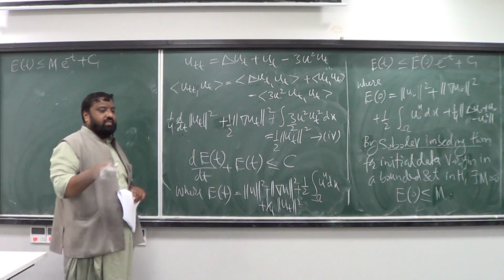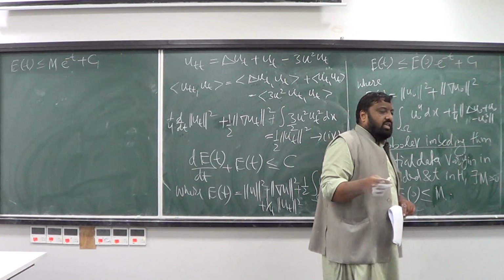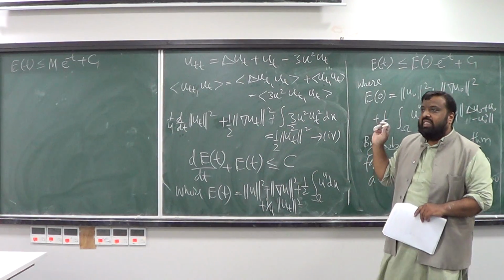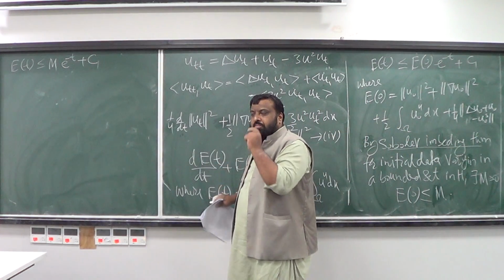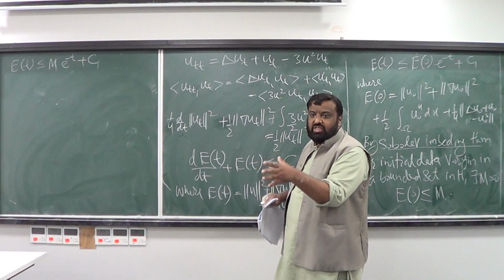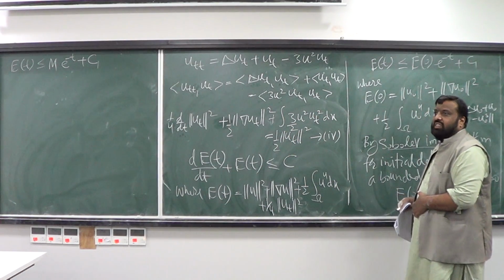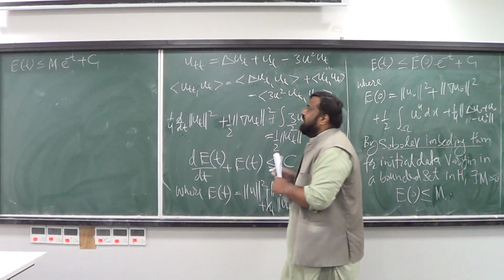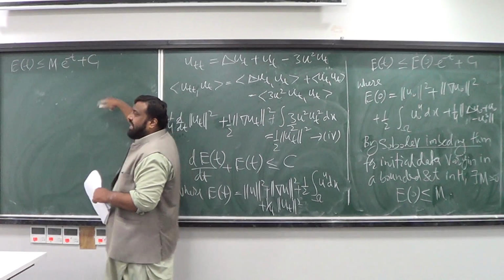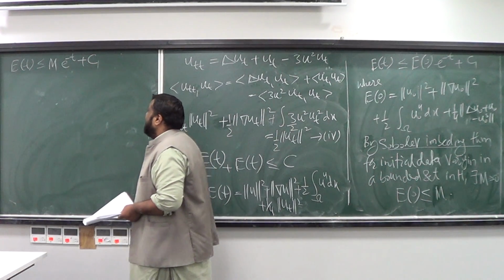By the way, this constant c1 does not depend on the initial data. This is a constant that depends on the measure of the domain actually. You remember the constant that we had in the first inequality. So this is the same constant, or a constant depending on that constant. This is what you're going to get.